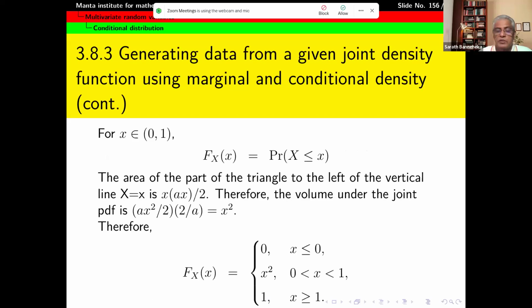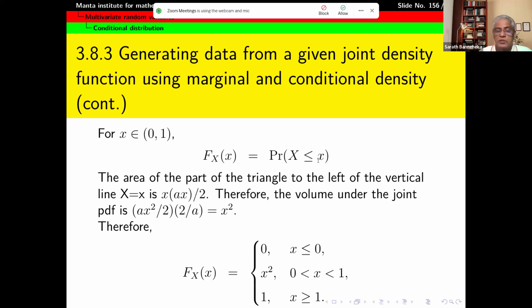So now let us consider any value simple x in the interval 0, 1, because x can be any value between 0 and 1. We will now find an expression for the cumulative distribution of simple x. By definition, this is equal to the probability that x is less than or equal to simple x.